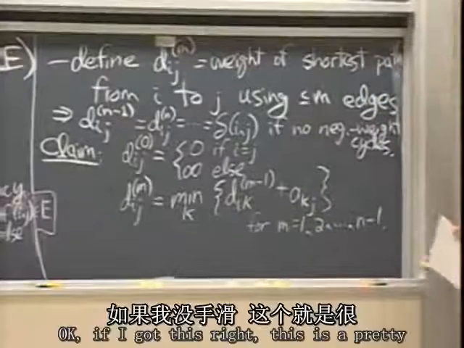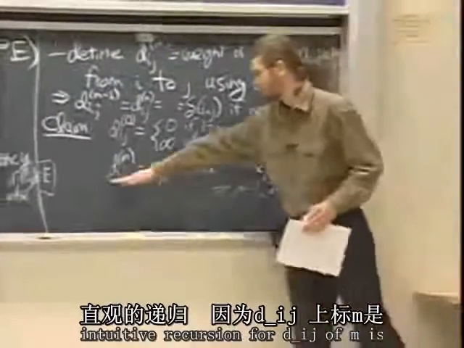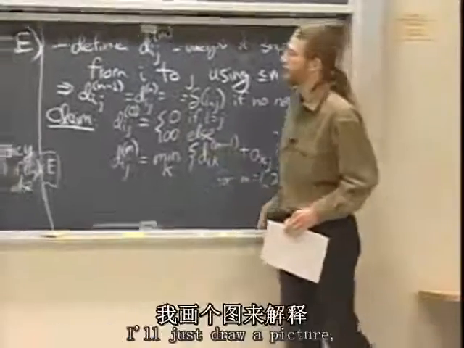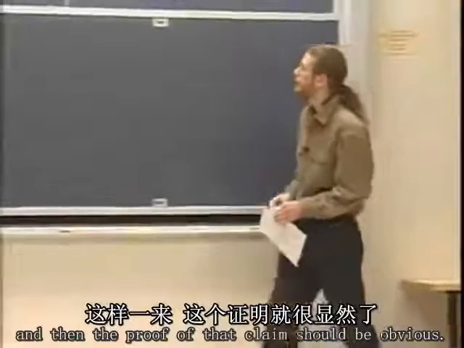Okay, so I got this right. This is a pretty intuitive recursion for d ij of m is a min of smaller things in terms of m minus 1. I'll just draw the picture, and then the proof of that claim should be obvious.